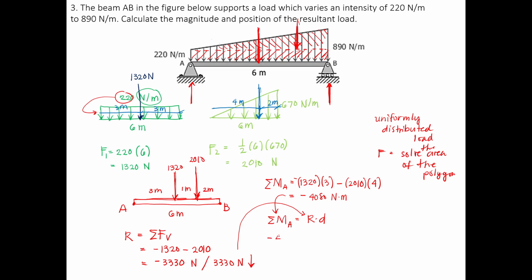So negative 4080 is equal to 3330 times the distance. So that's negative. So the distance is 1.23 meters.